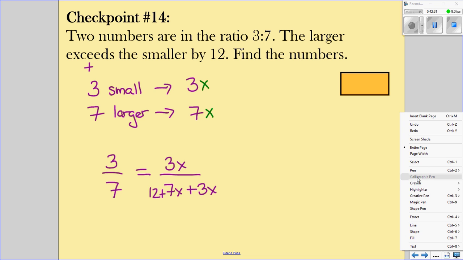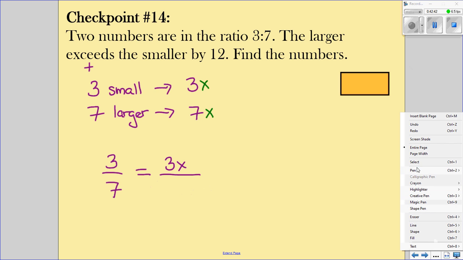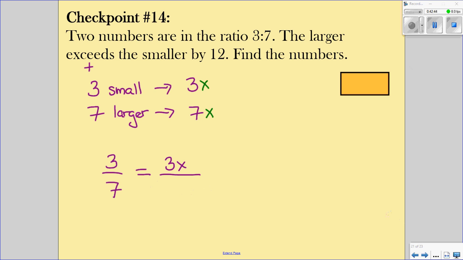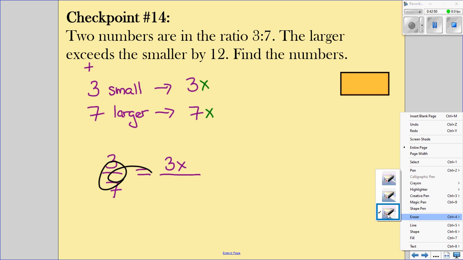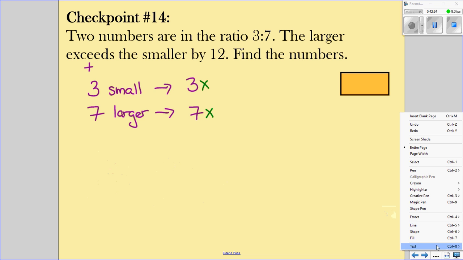Actually, let me make sure. Let me erase that. I want to make sure that I had that correct. All right. Let me erase this one. Oops. I set it up wrong, so let me do that again. Get my pen.